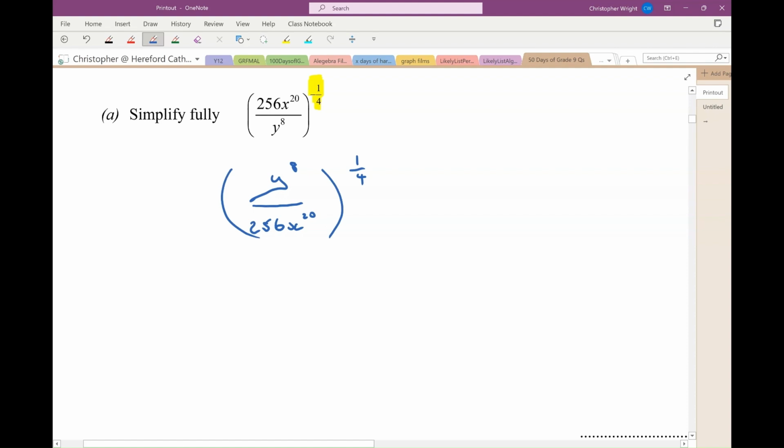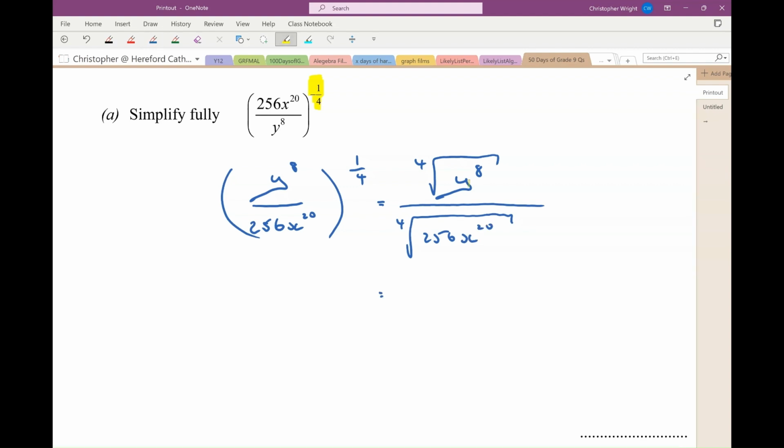Now that's going to be the fourth root, isn't it, to the power of a quarter. So I'm going to need to have the fourth root of y to the 8 and the fourth root of 256 x to the power of 20. So when I'm finding the fourth root of y to the 8, I need to think about something times something times something times something is y to the 8.